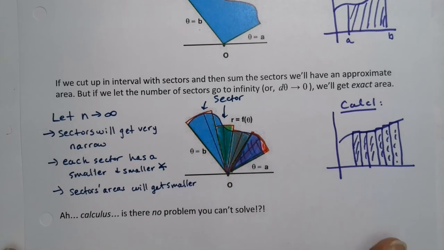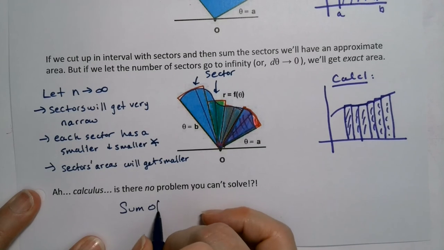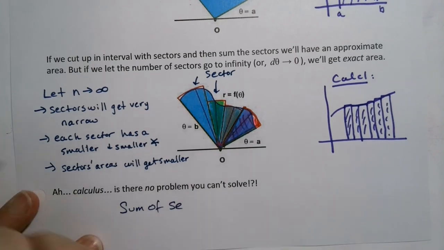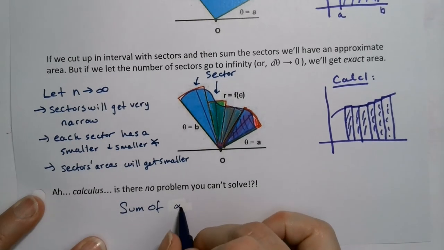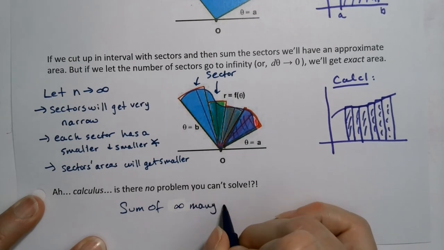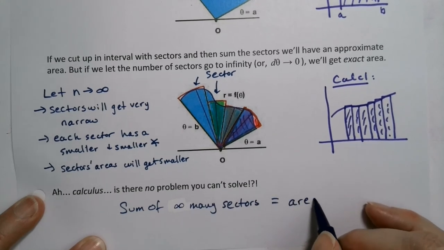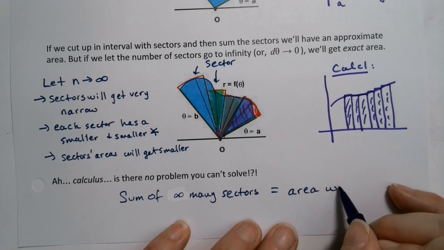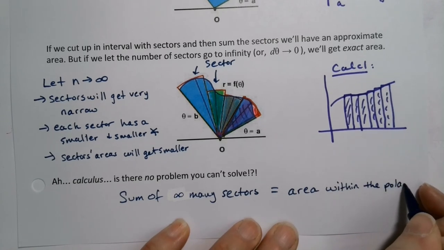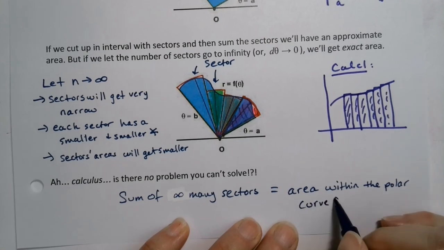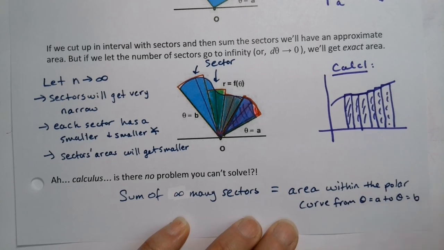But if we sum them up, I guess I should say the sum of the infinitely many sectors will be equal to the area within the polar curve from theta equals A to theta equals B. That's what we're doing.